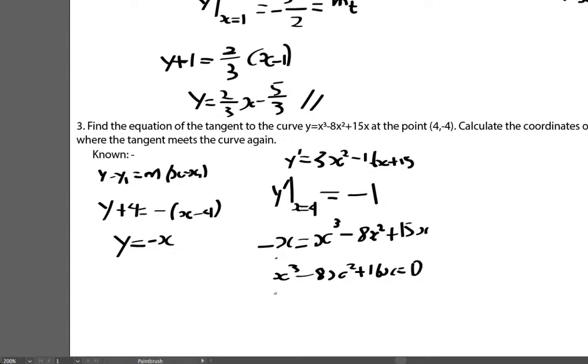The first thing that I can see is that the x can be taken out. So x squared minus 8x plus 16 equals 0. And then I want you to notice this: this 16 here is a square number with the length of 4, so it's 4 squared.